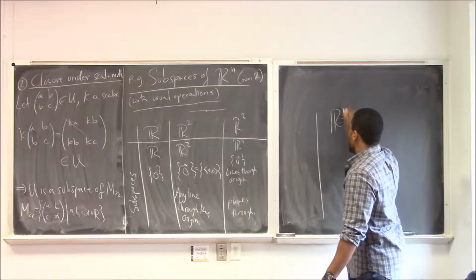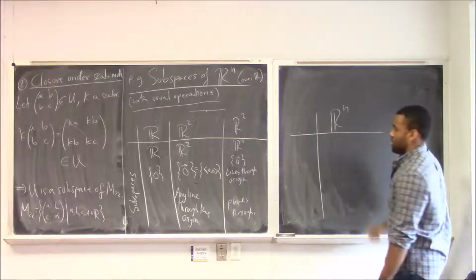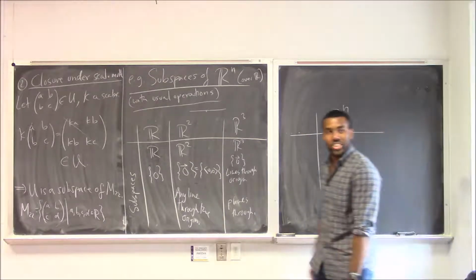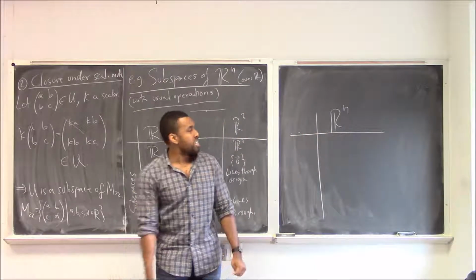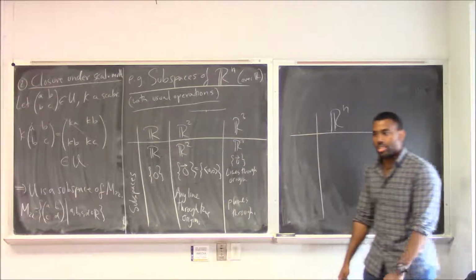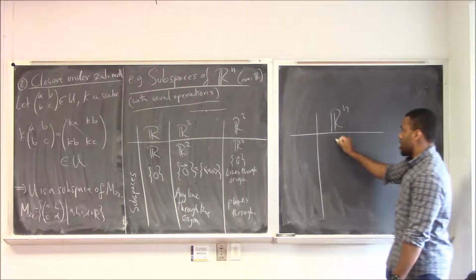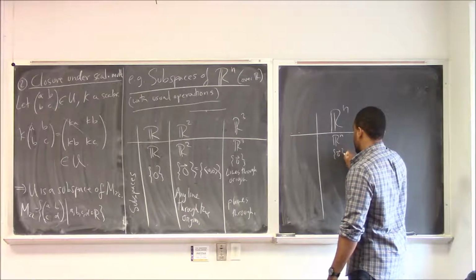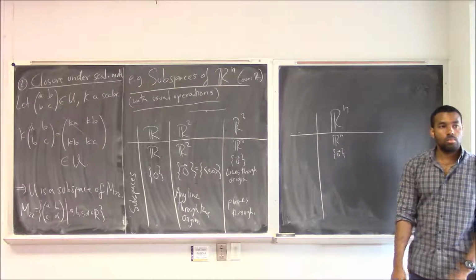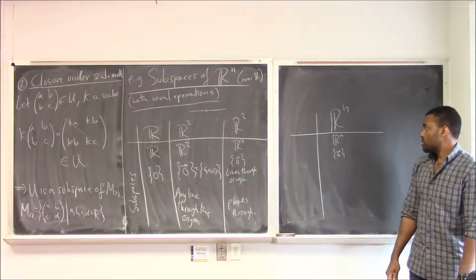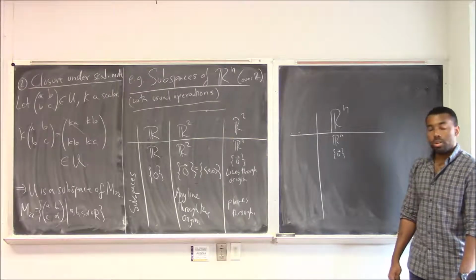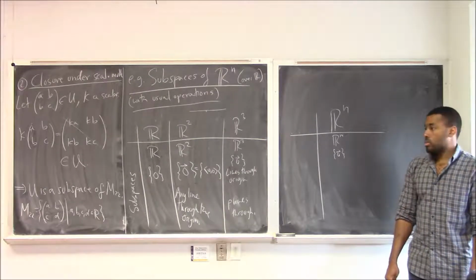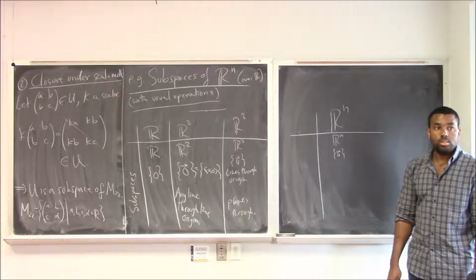So now we're at Rn. What do you think? How many different classes of subspaces will we have in this case? Of course, there's Rn itself. There's the 0. N plus 1? N plus 1 what? When you asked the question, how many?